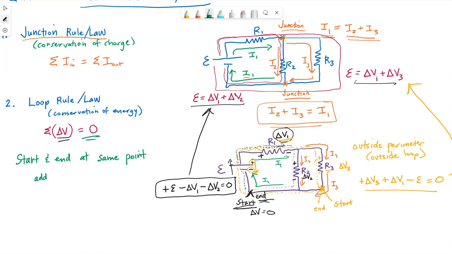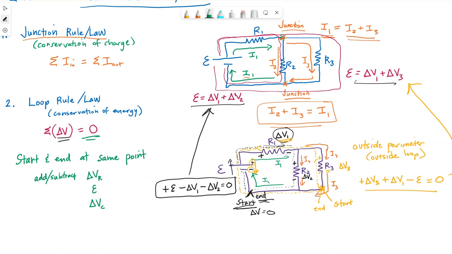We're adding or subtracting delta V's. So if it's a resistor or a battery, it could even potentially be a capacitor. We'll look at capacitors as well. We're looking specifically at the delta V's.